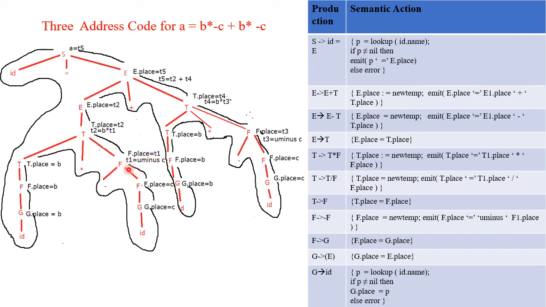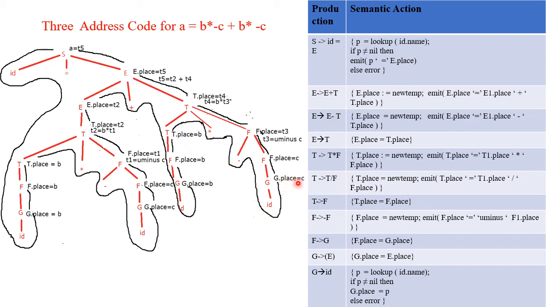T1 is equal to unary minus C. When we reach here, T gives T star F. T.place equal to T2 and T2 is equal to T.place into F.place. T.place is B, F.place is T1.